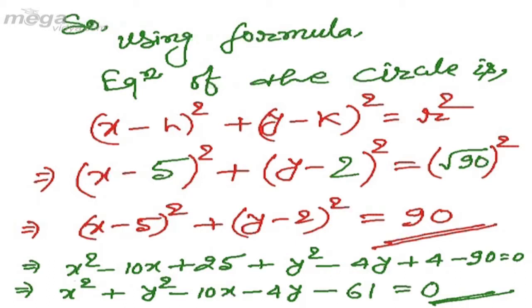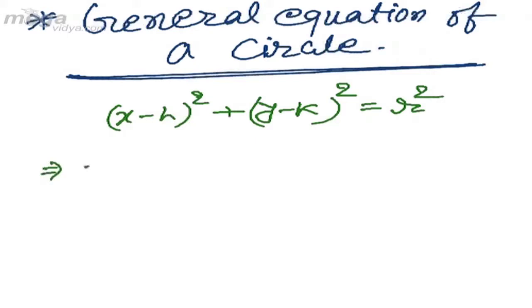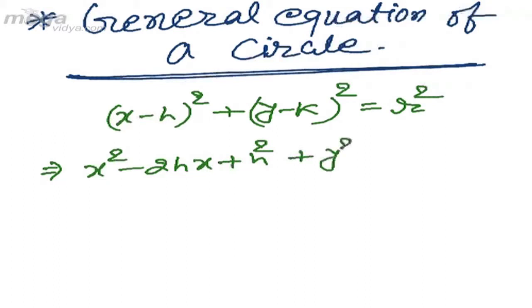The equation (x minus h) whole square plus (y minus k) whole square is equal to r square is the standard form of the equation of a circle, when the center is (h, k) and the radius is r. When you expand it, what does it become? x square minus 2hx plus h square plus y square minus 2ky plus k square is equal to r square.